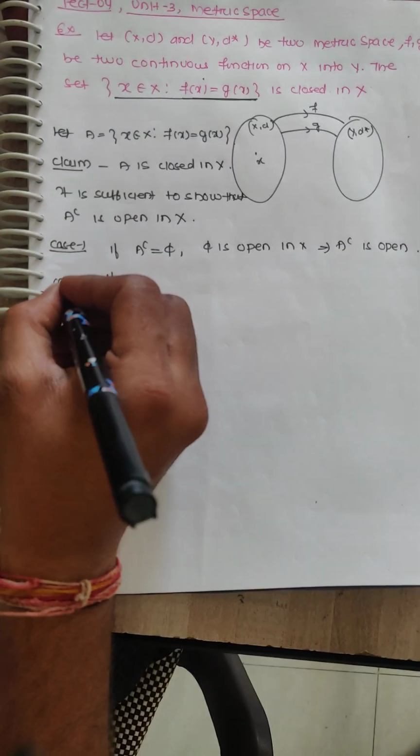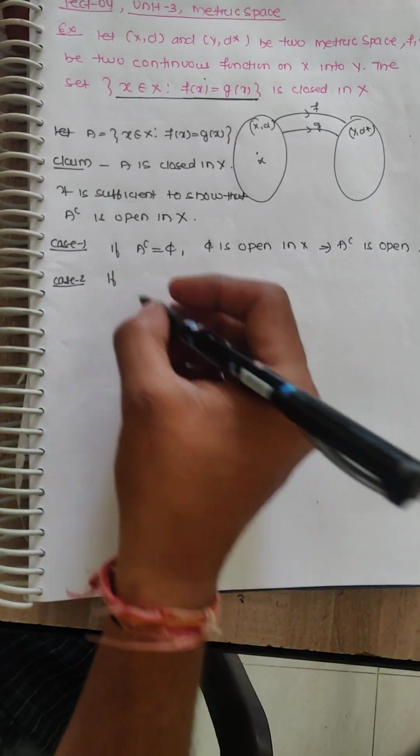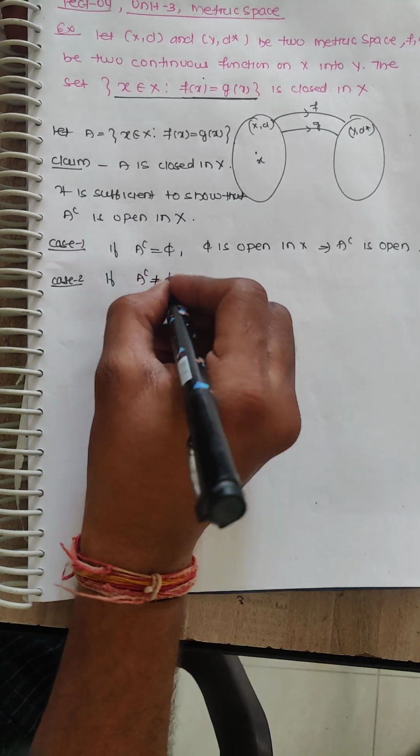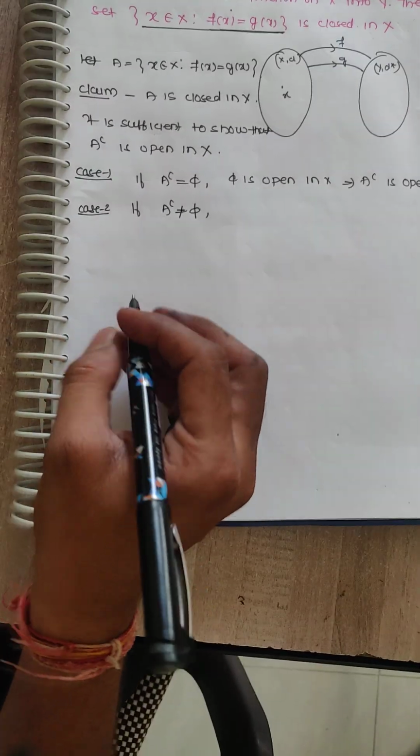Case 2: if A complement is not equal to phi, that is, non-empty.